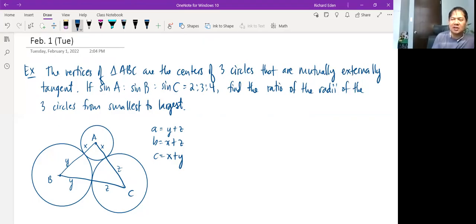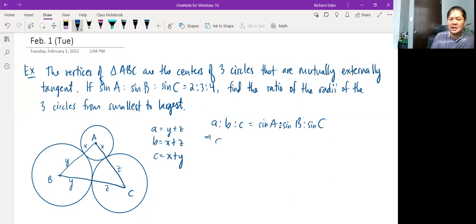Because a over sine A equals b over sine B equals c over sine C. So that means a is to b is to c as sine of A is to sine of B is to sine of C.